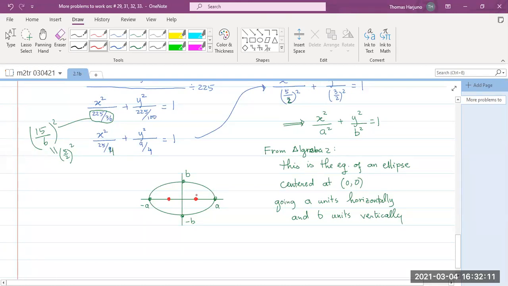The distance from one focus to a point on the ellipse, continuing to the other focus, is always constant. In other words, if I go from this focus and then go here and then go here, the distance I travel will be the same as the distance I travel on another path.